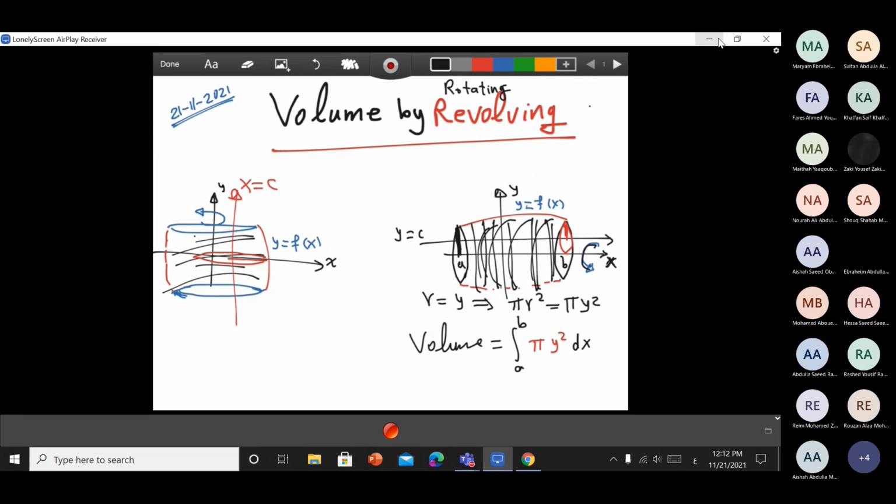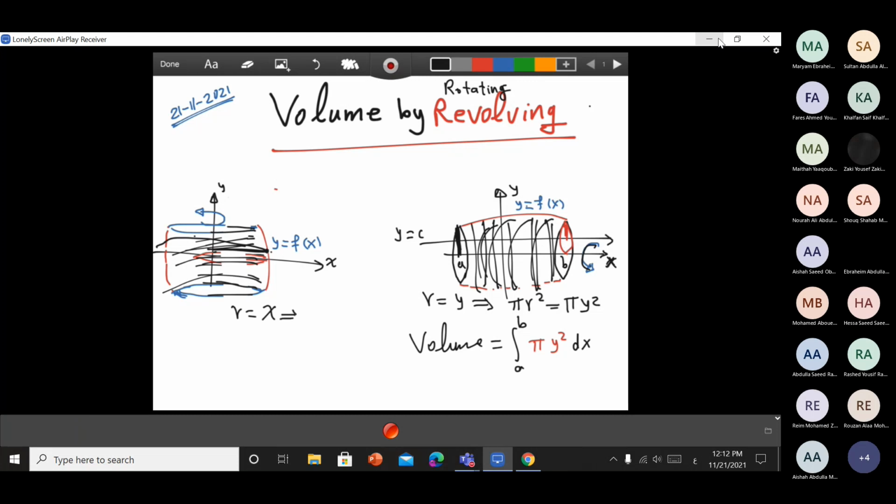What about the volume if you rotate this one into y-axis? Okay. So in this case, each point in this curve has a circle with radius equal to what? The radius is horizontal. So the radius of the circle here is x.